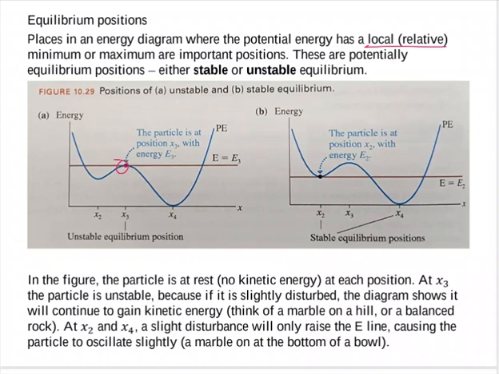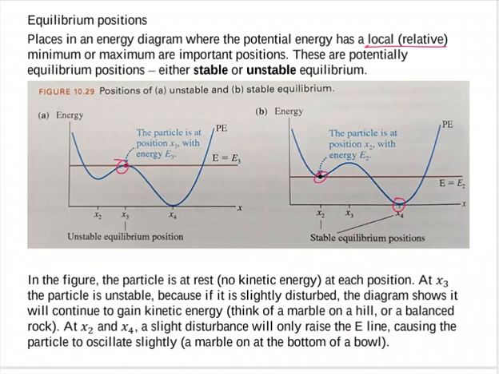So that's unstable equilibrium. Stable equilibrium, on the other hand, is something like this. That would be your pencil on its side, very, very stable. Okay, no problem there. So another one down here, also stable equilibrium.